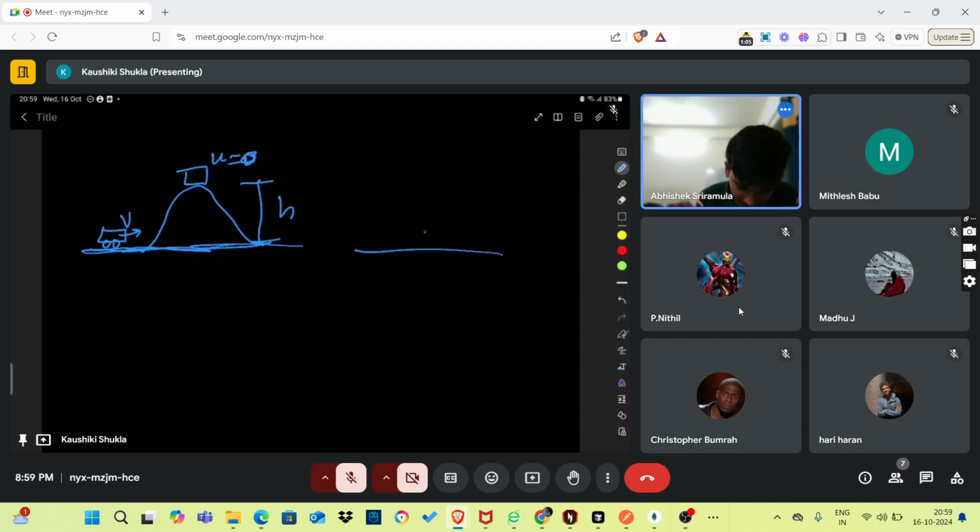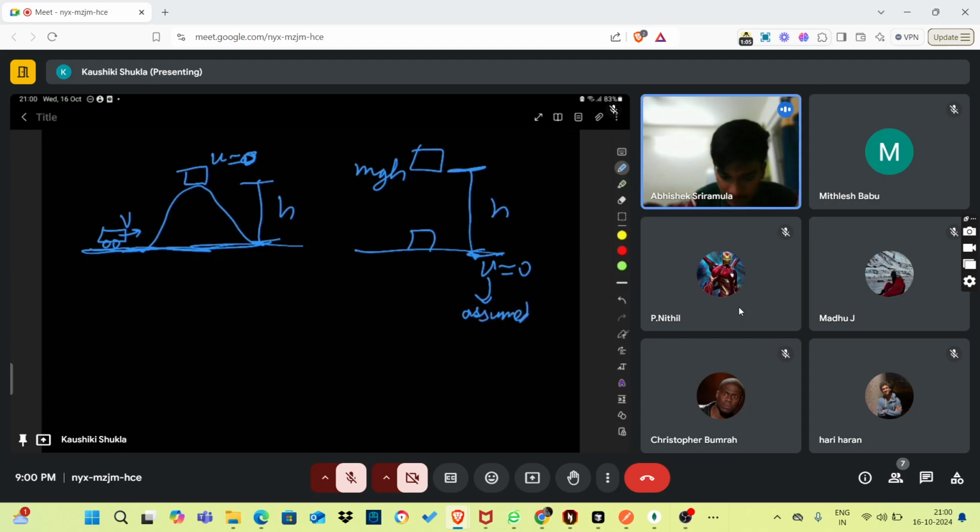So whenever I say the potential energy of a block at a height h is mgh, that does not mean that the potential energy of that block is actually mgh. It is a change in potential energy. Initially, when it is at the ground, I assume the potential energy to be zero. This is not absolute. I took the ground as reference.